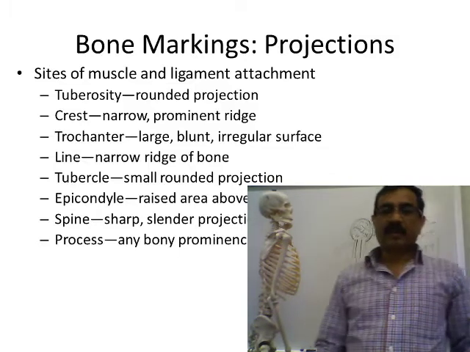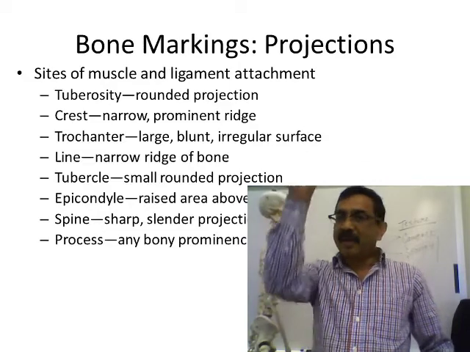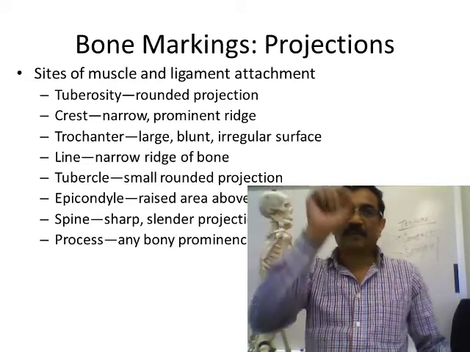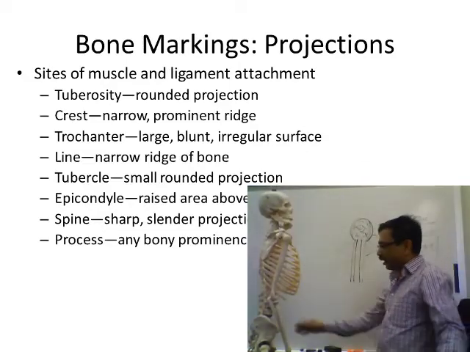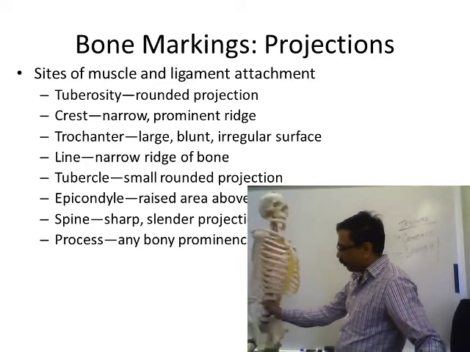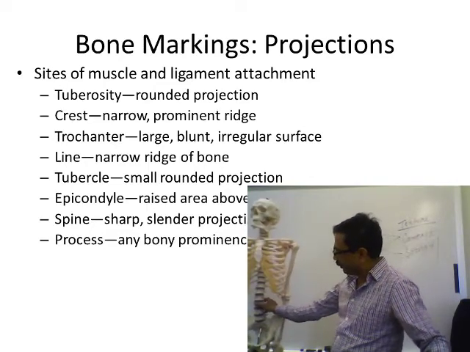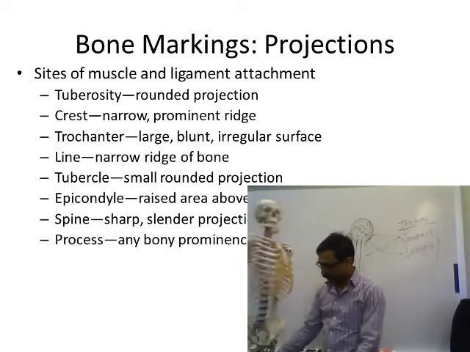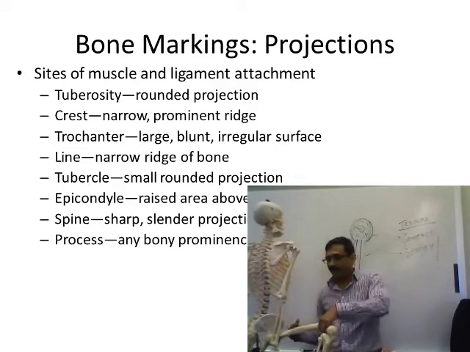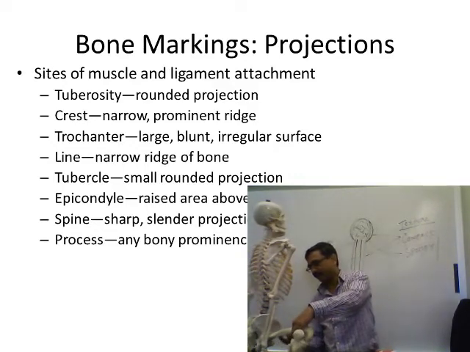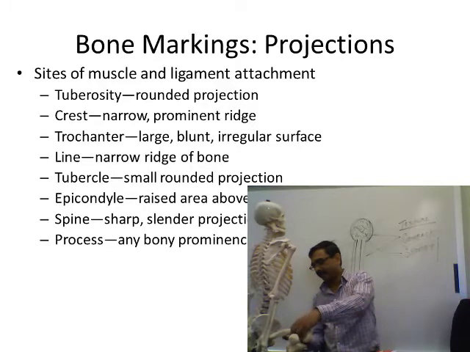Line. Sometimes we see lines on the bones. For example, in the back of the shaft of the femur, you have three lines.